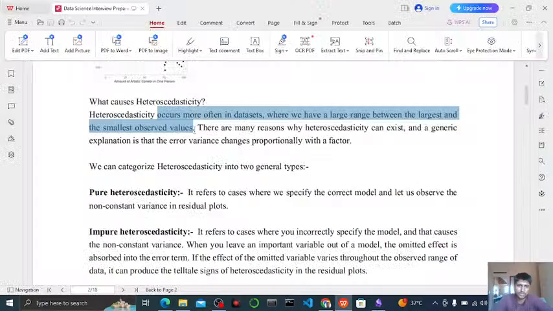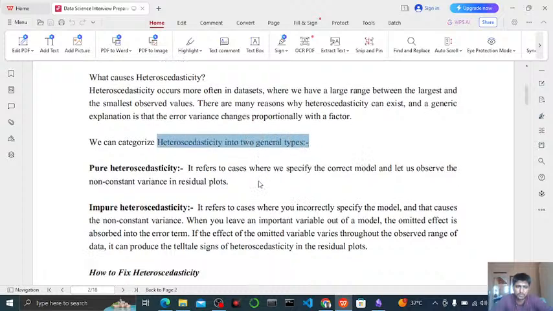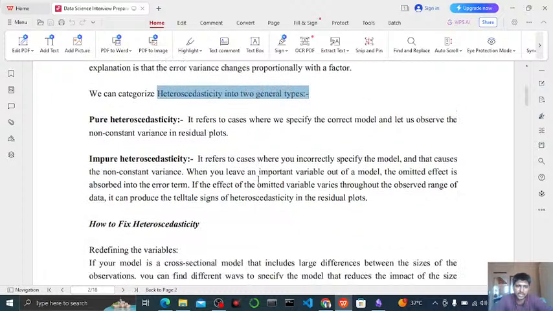There are many reasons heteroscedasticity can exist, and the general explanation is that error variance changes proportionally with a factor. We can categorize heteroscedasticity into two general types: pure heteroscedasticity and impure heteroscedasticity.